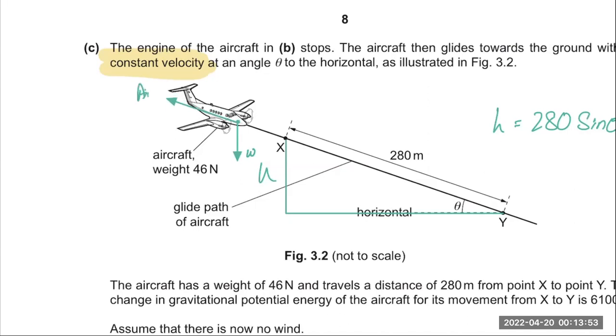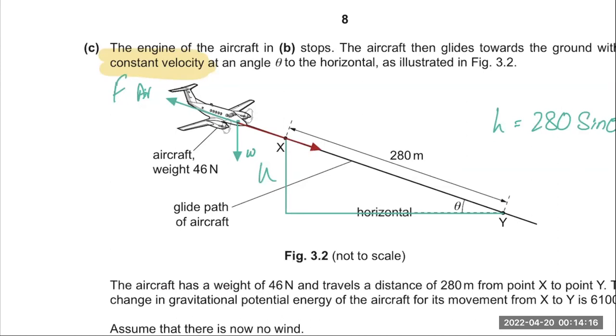I can't equate this W with this air resistance, F air. Let's call this F air, the force due to air resistance. What I'll have to do is use the component of weight down the slope.